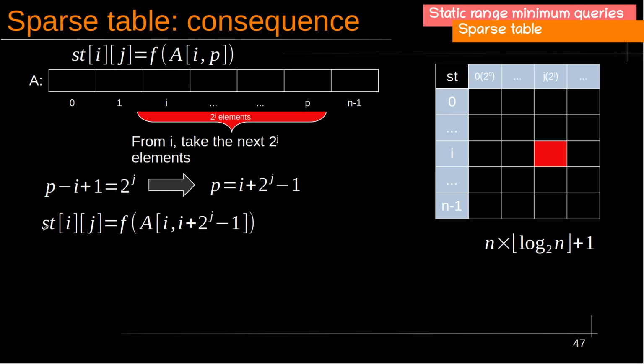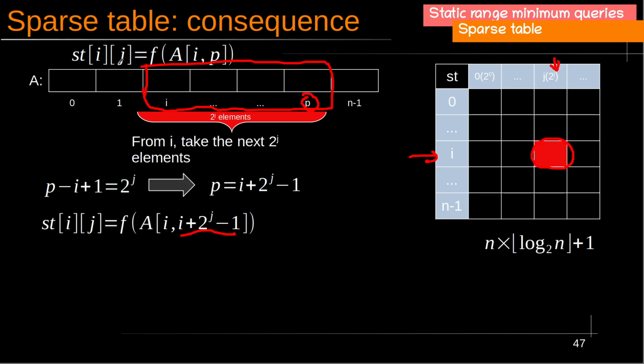So the value ST[i][j], which is the value in the matrix at row i and column j, is equal to the result of the function f from i to this position p, which is i plus 2 power j minus 1, in the original array A.